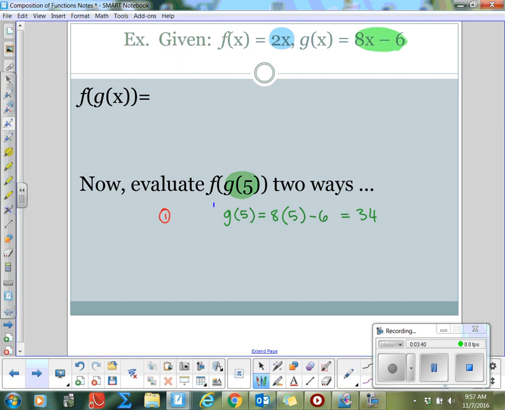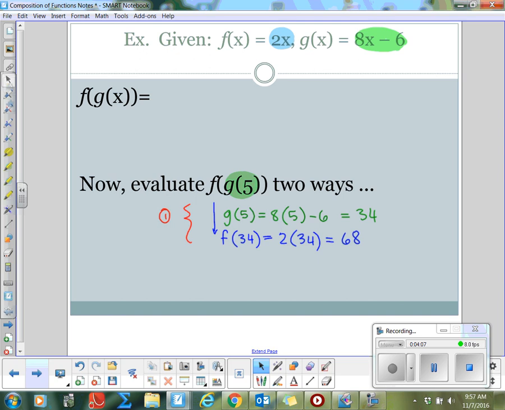Take the output of 34 and input into function f. Function f says to take an input and multiply it by 2. So we performed both functions individually, one after the other.